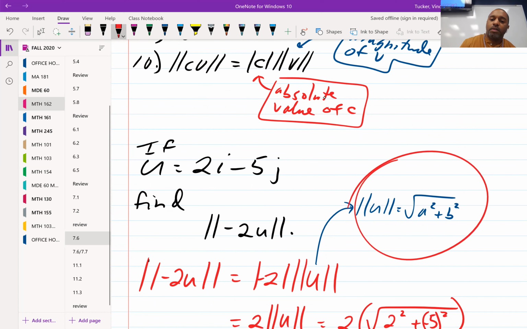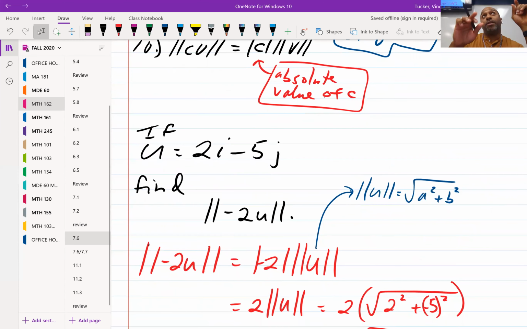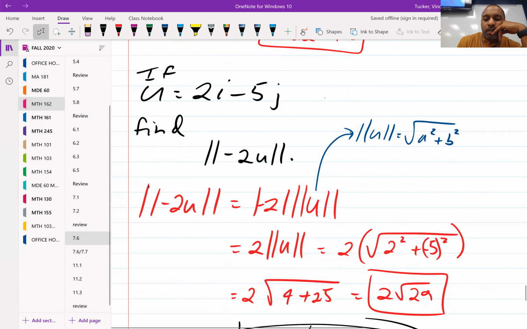And don't forget, here is how we find the magnitude of u when it's in this form of 2i minus 5j: take the square root of 2 squared and negative 5 squared. So 2 squared is 4, 5 squared is 25, that's the square root of 29. So 2 times the square root of 29 would be the magnitude.